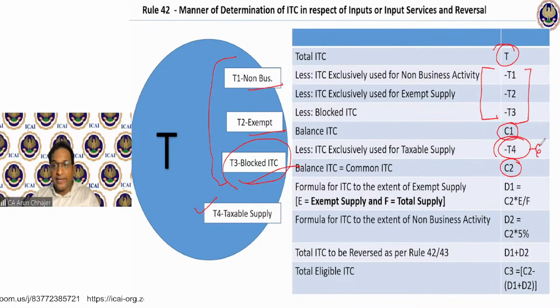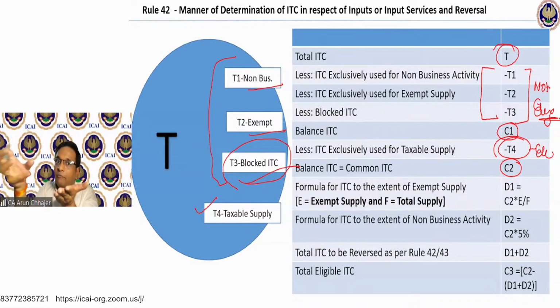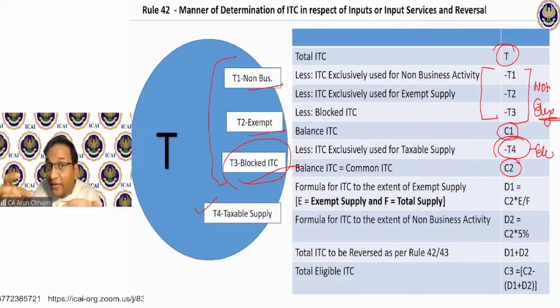I am eligible to take ITC. Even if eligible or not eligible, why am I removing it? Because these have one-to-one interlinking. Remove that, so that you can find the common portion of the ITC, the portion linked to exempt supply and to taxable supply. Why identify? Because 17.2 says the part which is linked to the exempt supply you need to reverse.